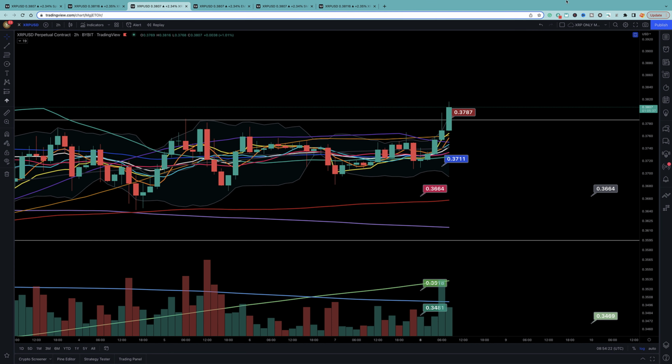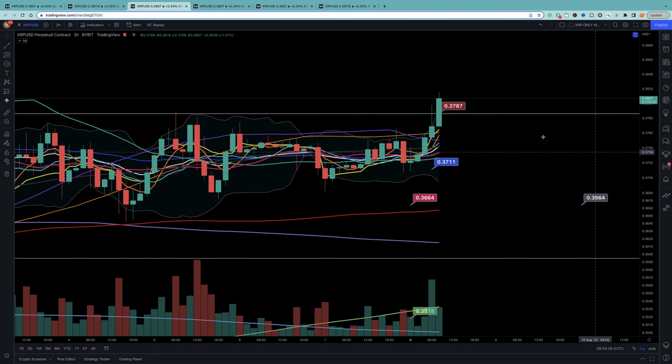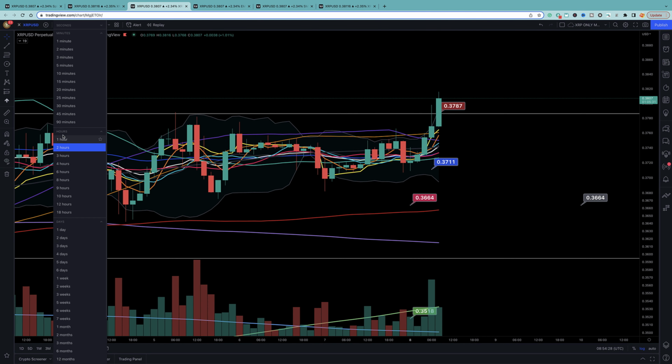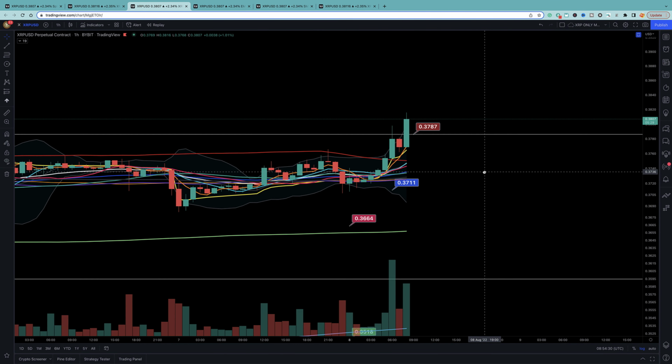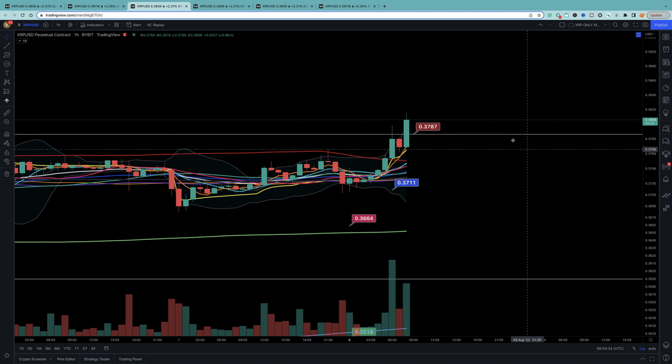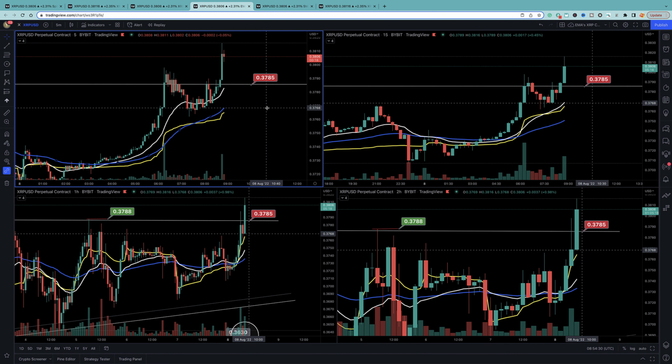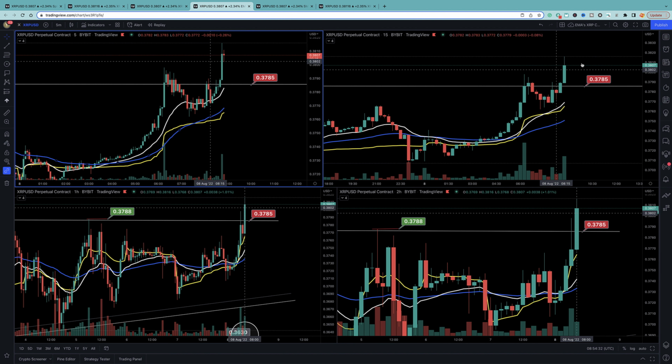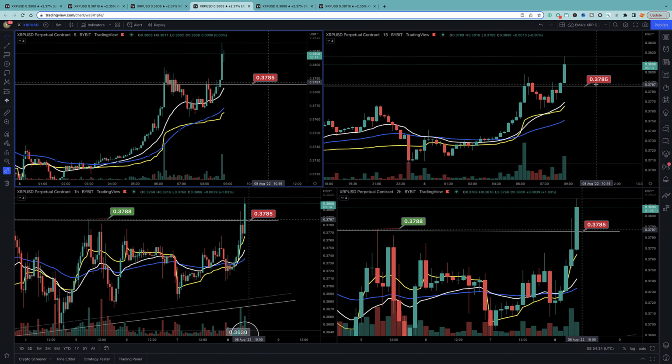The 2-hour just turned as well. And then back to the 1-hour again, yeah, it's inconclusive. It is inconclusive until it establishes itself above this 37.85. I'm not going to be so confident about it.